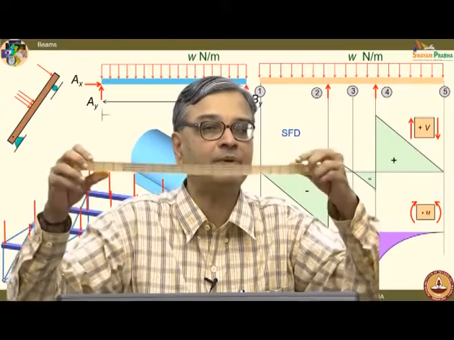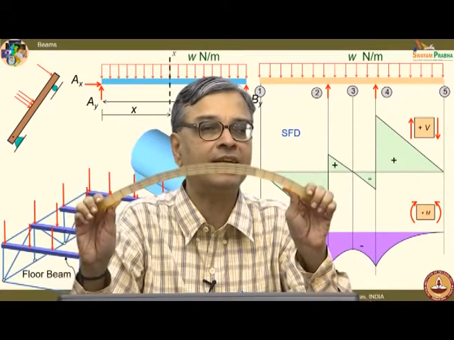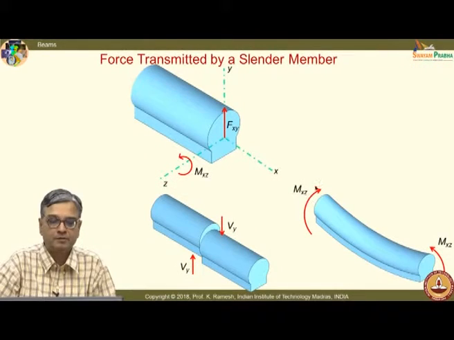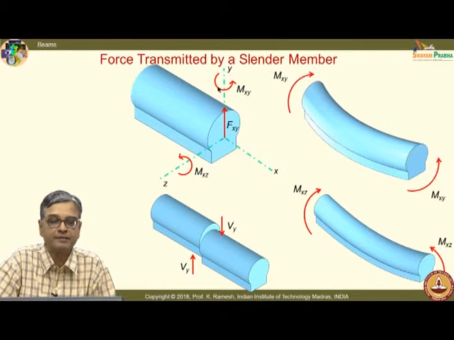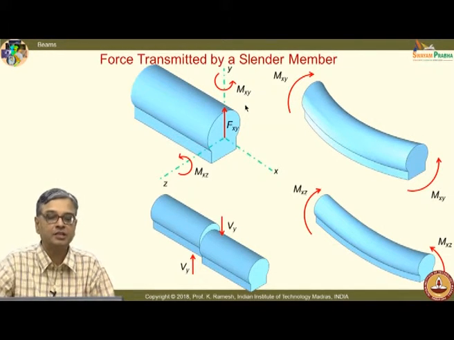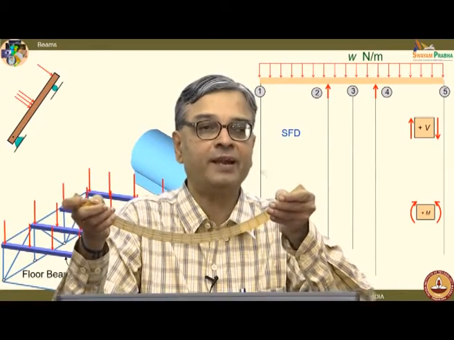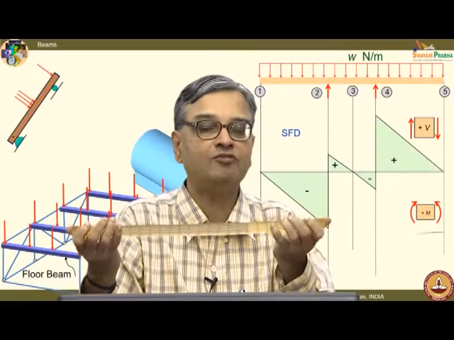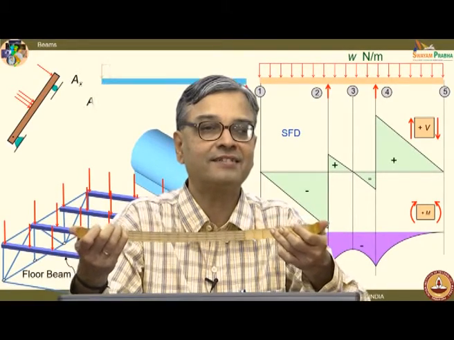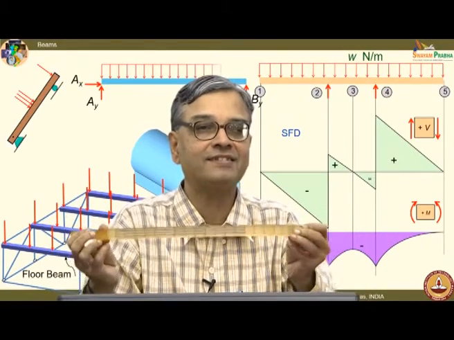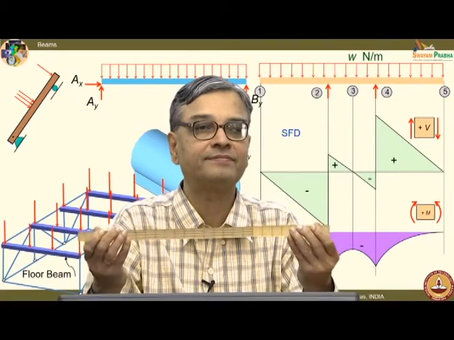When I apply the bending moment clockwise, it will bend like this. I could also have a bending moment denoted as mxy. So, when I have this member, it was initially bending in this plane. Now, I can also bend like this or like this in the horizontal plane.